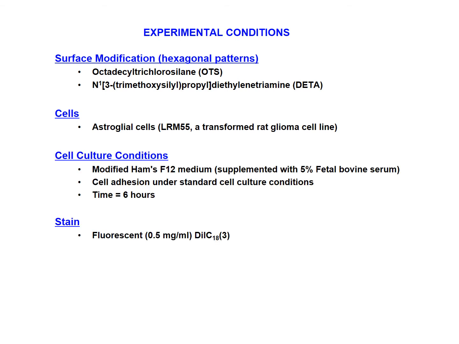The experimental conditions used in this study are listed on this slide. I mentioned the surface modification with OTS and DETA. The cells we first used separately were the astroglial cells. The culture conditions were traditional culture conditions with the appropriate medium for the cells supplemented with serum. The experiments were conducted under standard cell culture conditions, which are 37 degrees temperature, humidified environment, and also an environment that contains 5% CO2.